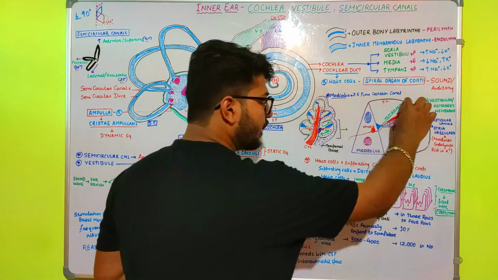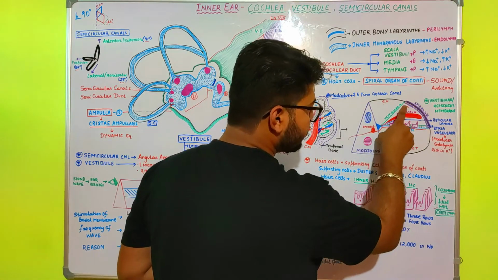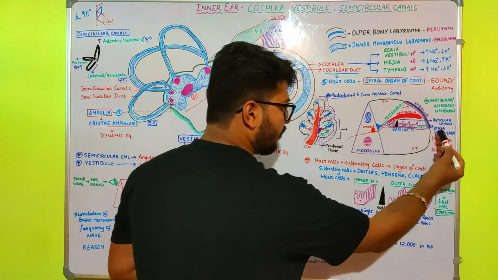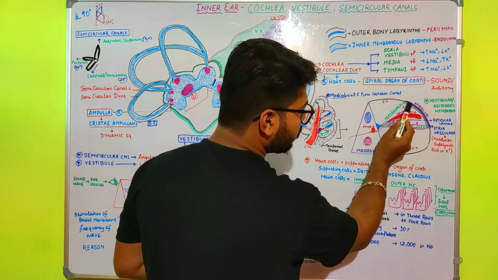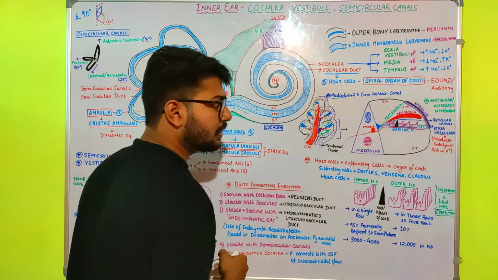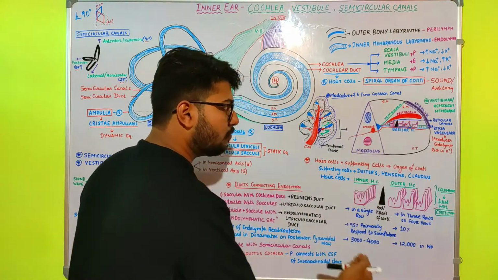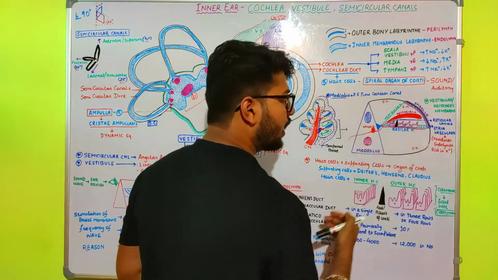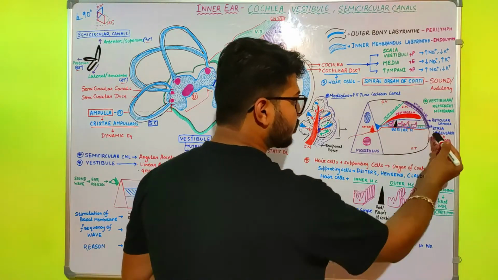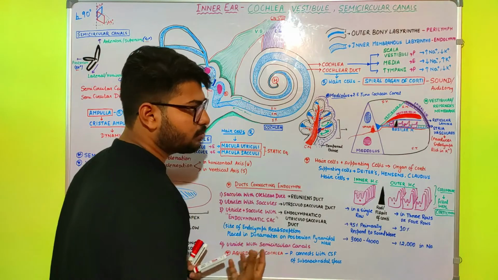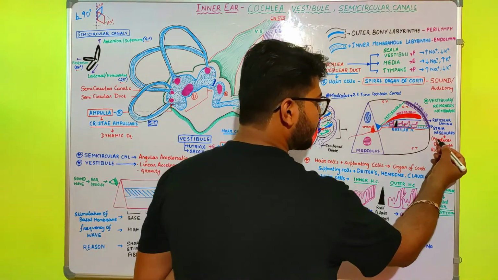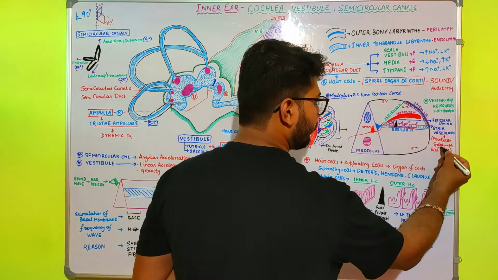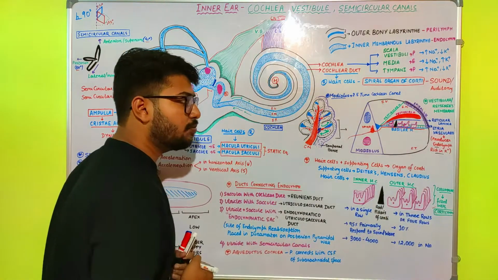Towards the inner side of this cochlear duct, we have special cells known as stria vascularis. These small cells that you can see here line the lateral wall of the cochlear duct. What is the function of stria vascularis? It produces endolymph, and this endolymph is rich in potassium.